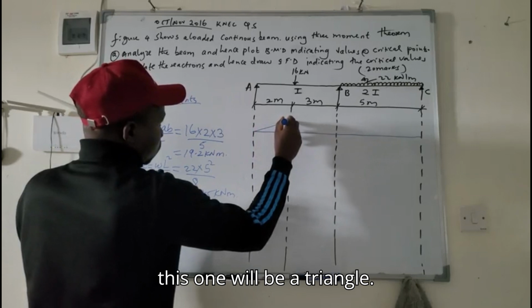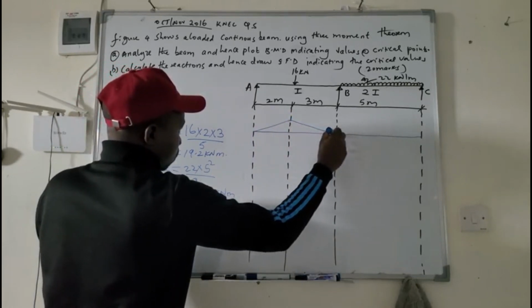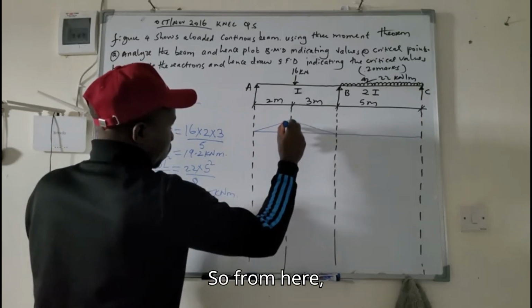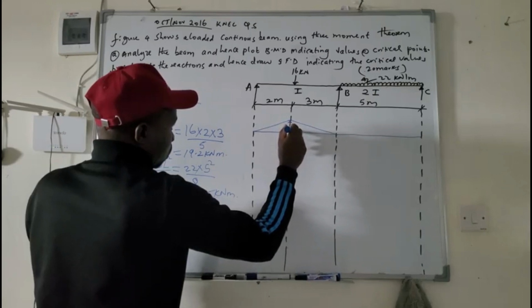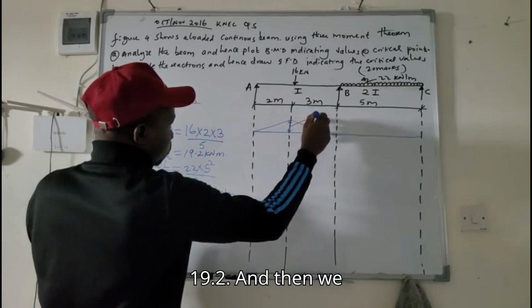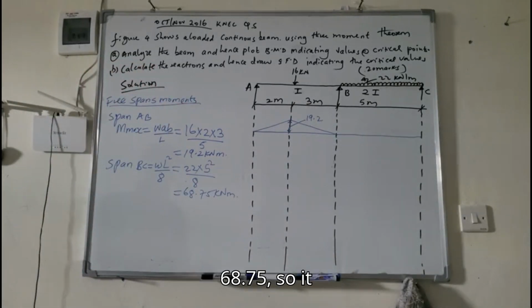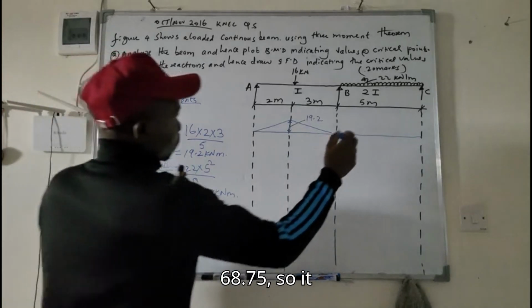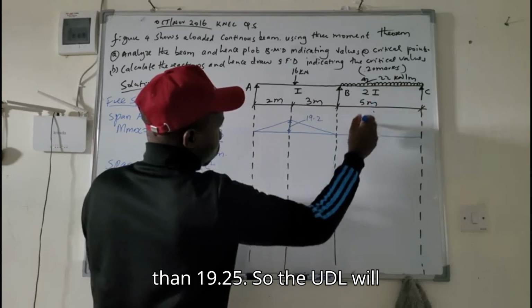This one will be a triangle, so the height is 19.2. And then we have span BC, 68.75, so it will be a little bit higher than 19.2.